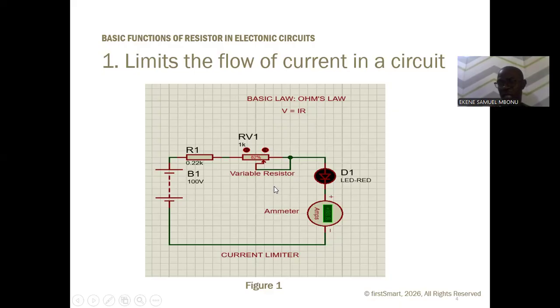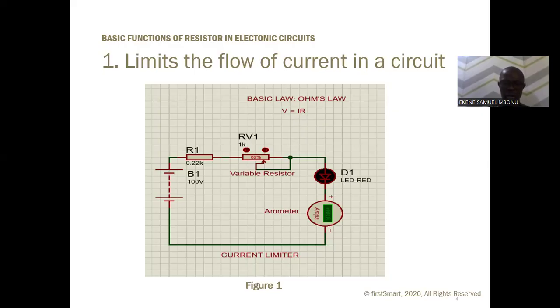Meaning that if you increase the voltage across a resistor, the current will increase. If you increase the resistance, the current will reduce. So at any point in time, when you multiply the value of current flowing through a resistor and the value of the resistor, you get the voltage across that resistor.